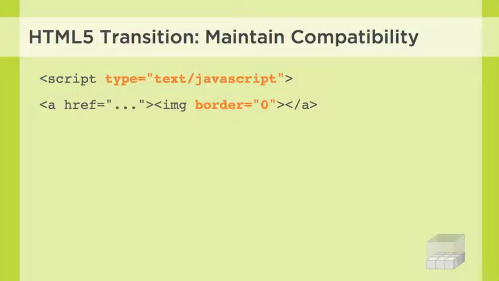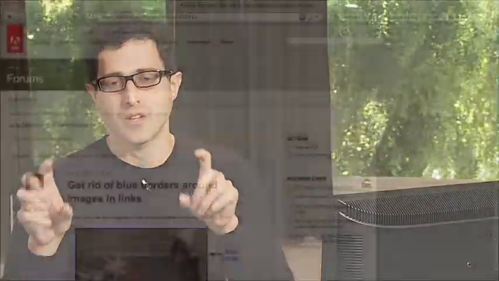The second is one of the very few presentational artifacts left in HTML5, and that's the border attribute of the image tag. And that's because in some older browsers that don't support CSS, we're talking really old now, what they do is they put these blue links around images that are hyperlinked.